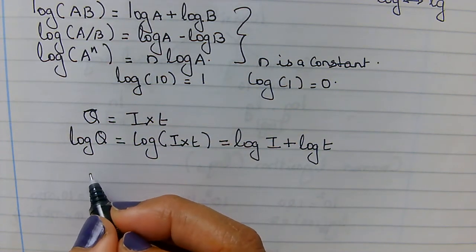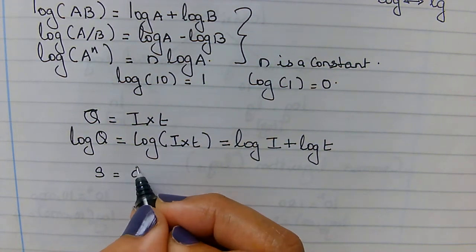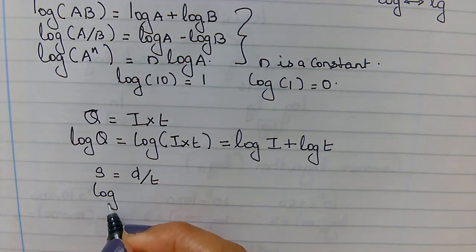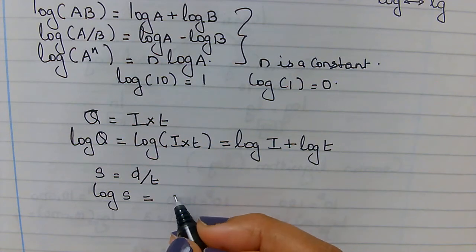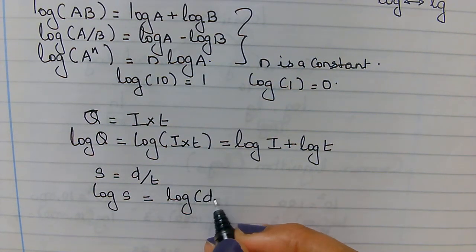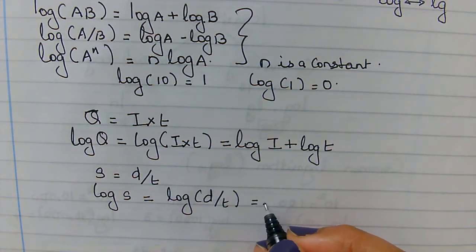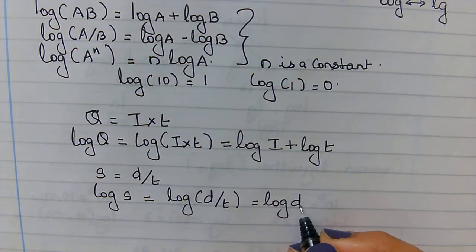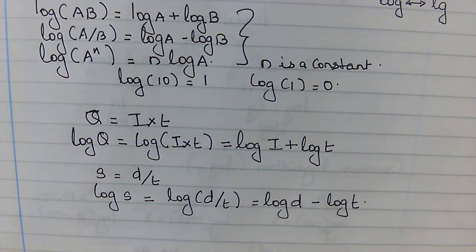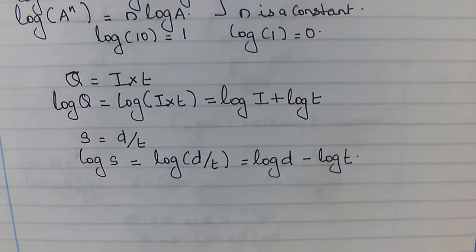Then speed is equal to distance divided by time. So log of speed is equal to log of distance divided by time, which is log of distance minus log of time.